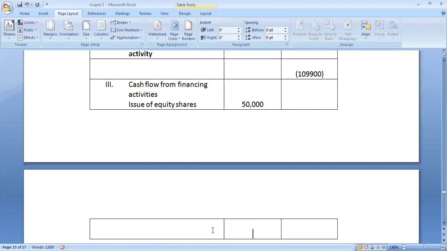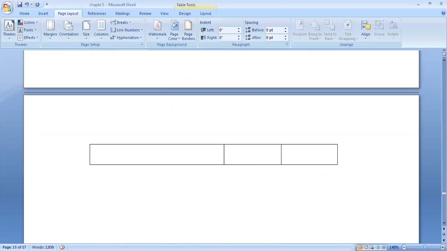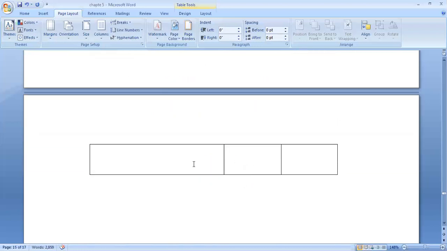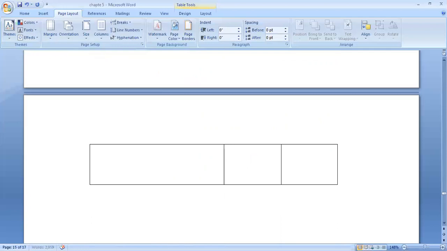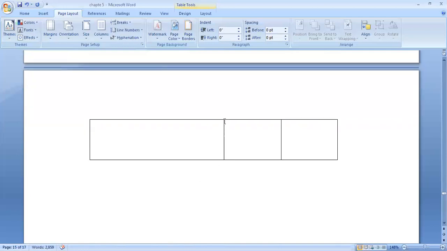There is also one more value which is given.